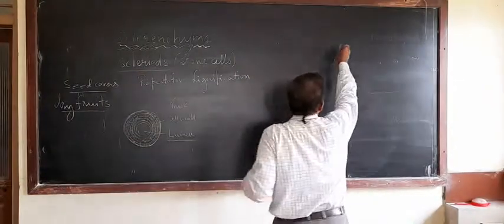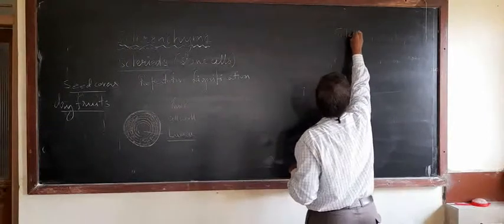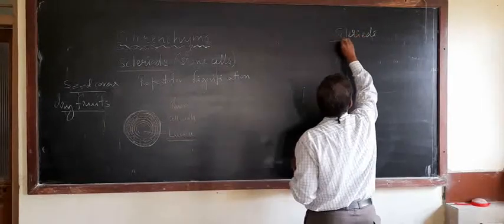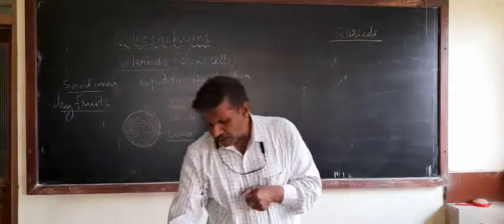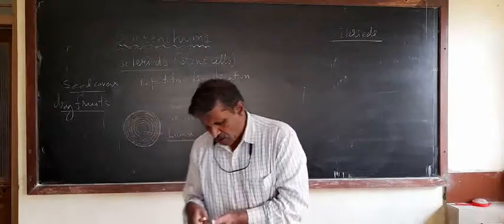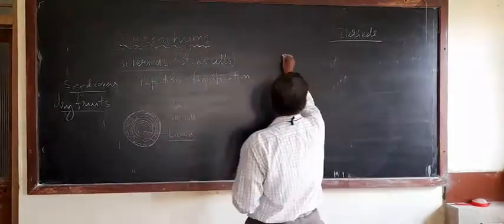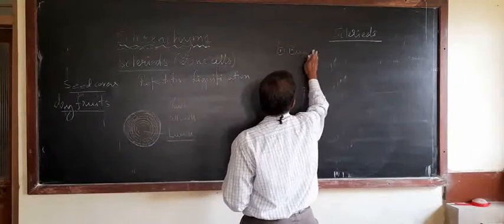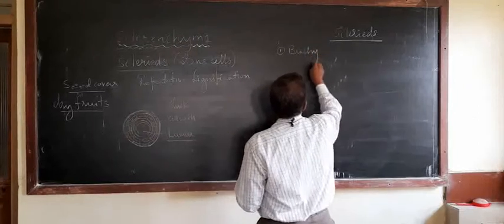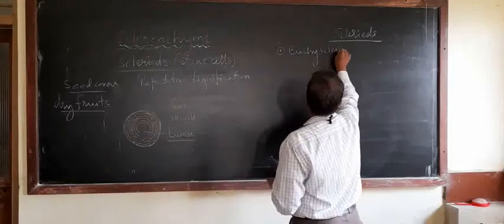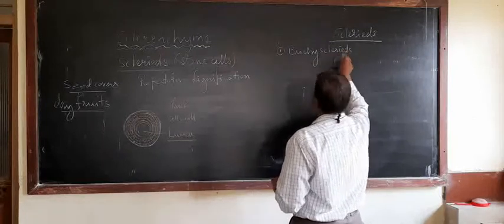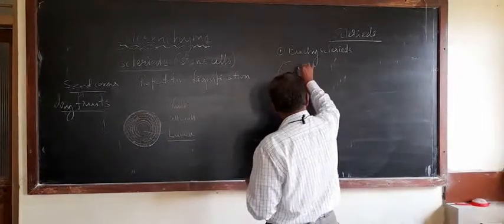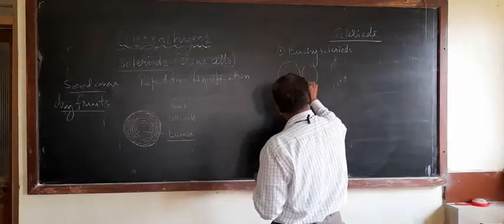Here, we observe the sclereids of different types. The very first kind of sclereids are usually called brachysclereids. What are brachysclereids? Look at this. Brachysclereids are like this. These sclereids are more or less spherical in shape.